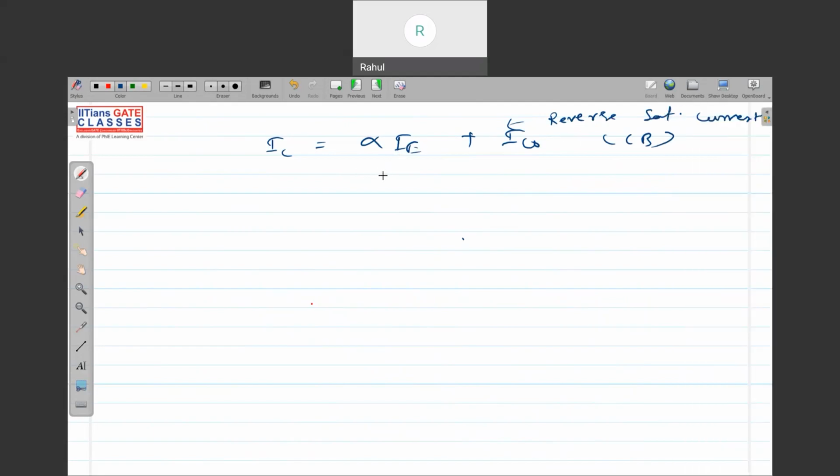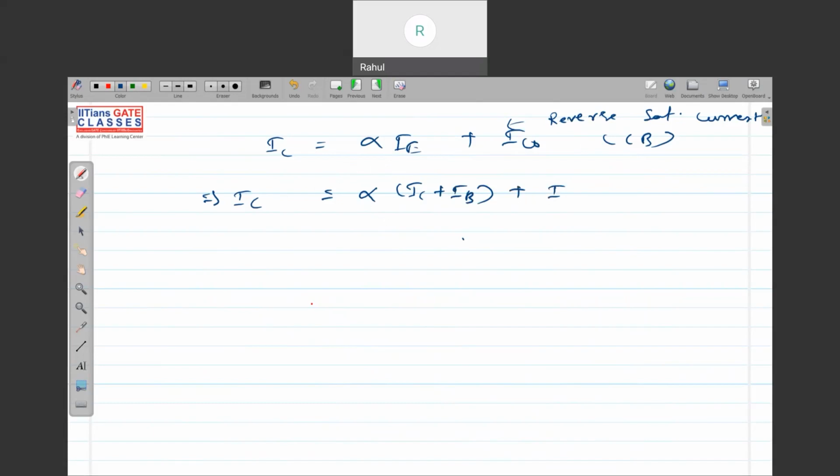Now how to derive it in terms of IB? Because in common emitter configuration, the input current is IB. So IC equal to alpha IE plus ICO, and what is IE? IE is nothing but IC plus IB.